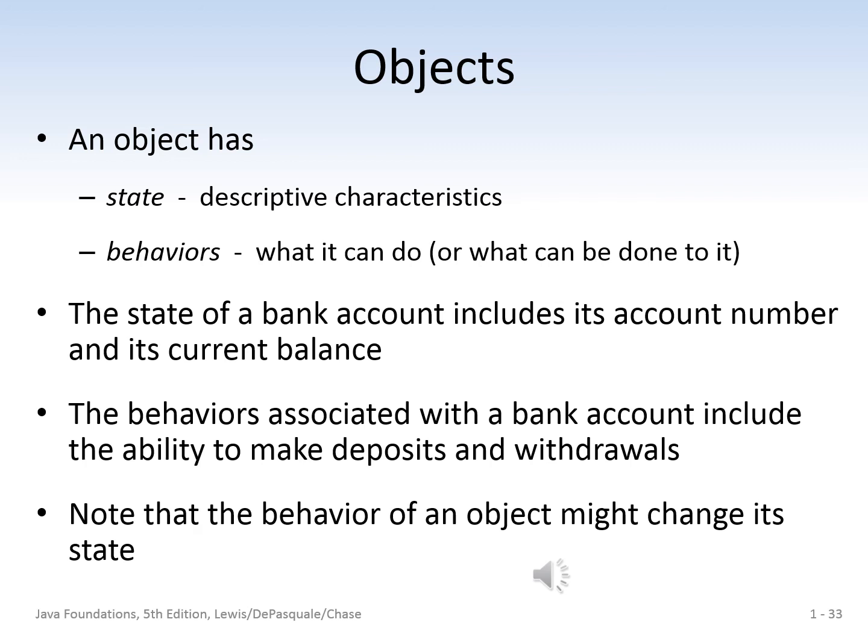So the example here is the state of a bank account includes its account number and its current balance. The behaviors associated with a bank account include the ability to make deposits and withdrawals, and I'm sure transfers would be in there also. Okay? Note, the behavior of an object might change its state. A deposit will change the current balance.